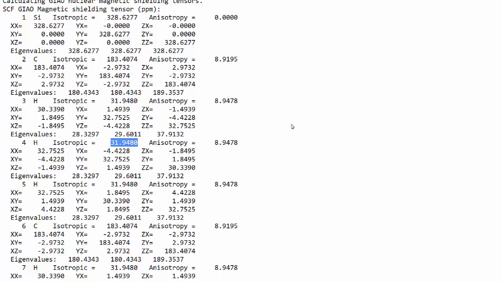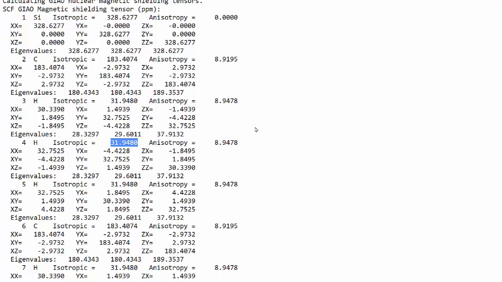If we were to calculate some other molecule, we would get a shielding that's probably less than these values because, as I said, TMS is an example of a molecule with highly shielded nuclei. And so your typical nucleus in some random sample is going to be less than this.